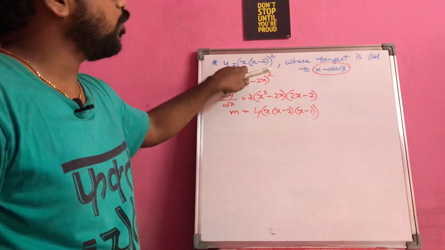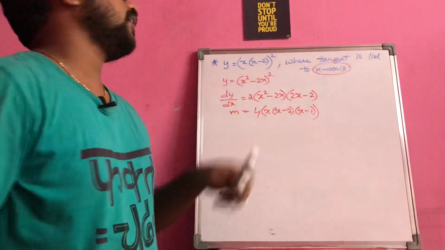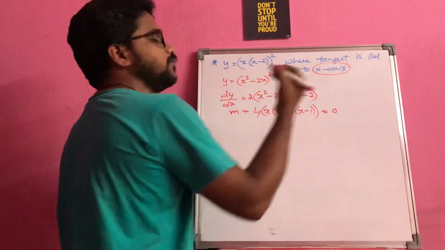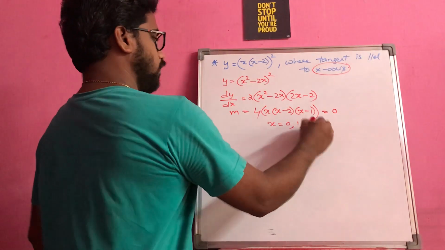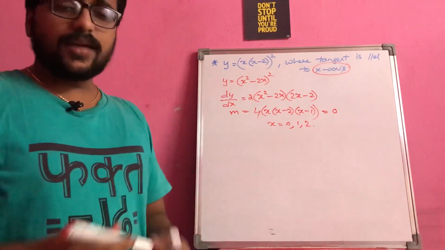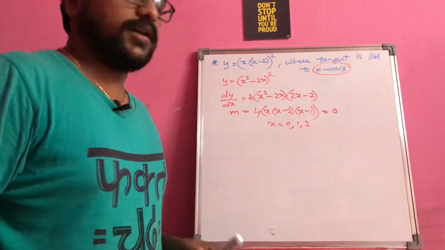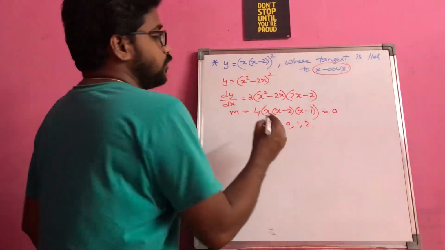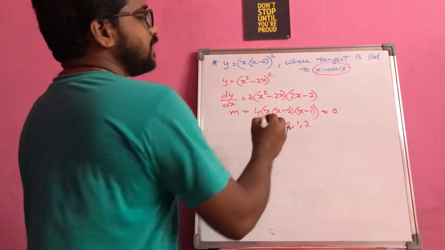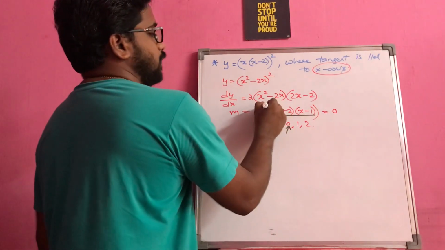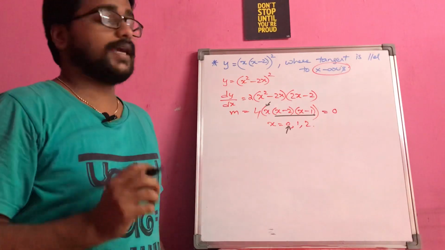They said the tangent is parallel to x-axis, means slope is equated to 0. So that means you will be getting x is equal to 0, 1, 2. The important point that you have to notice here is generally students won't write this 0, because they will just identify only these two, they will skip this part. So please be careful.